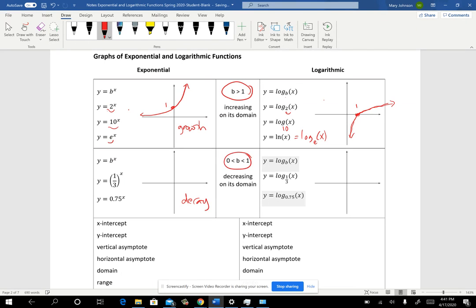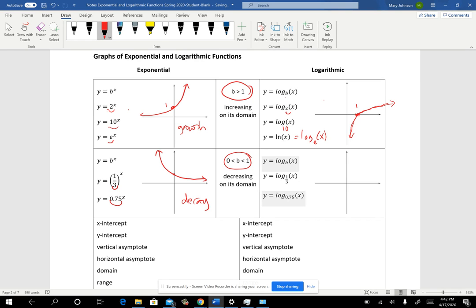That's the other type you can have. An example would be a base of 1/3 or 0.75. If you have a base that's positive but less than 1, rather than being growth, it's going to be decay. So it's going to do something like that. That's called exponential decay, kind of like that radioactive problem on the first page.